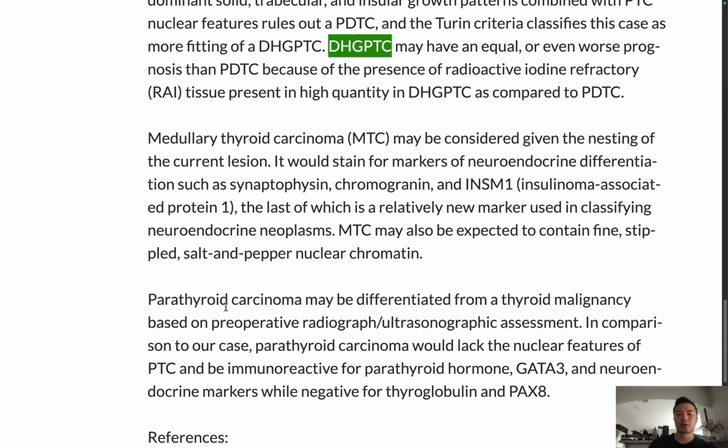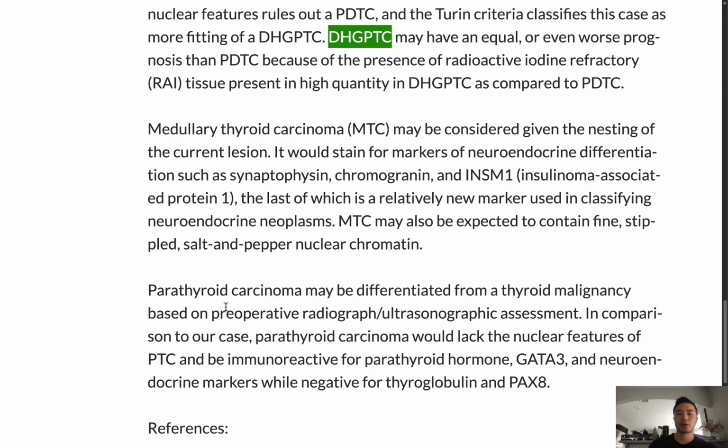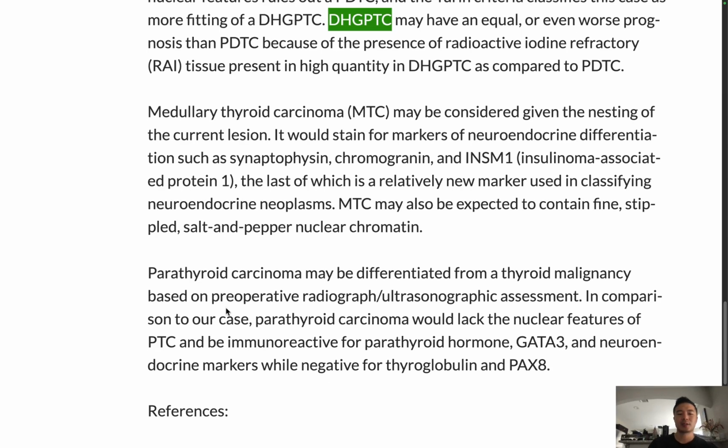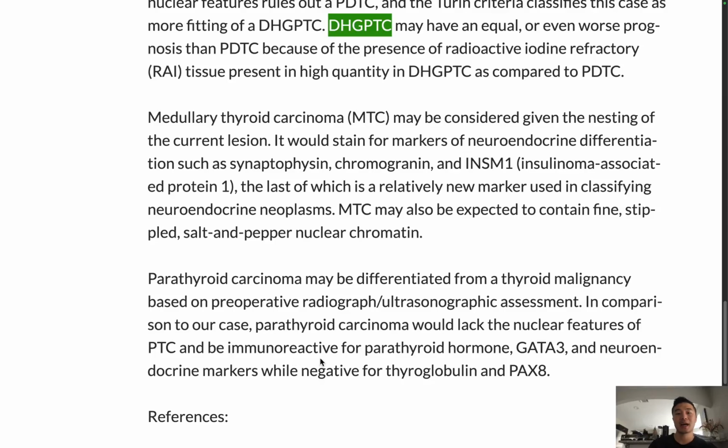Parathyroid carcinoma may be differentiated from thyroid malignancy based on pre-op radiographic ultrasound assessment. In comparison to our case, parathyroid carcinoma would lack the nuclear features of PTC and be immunoreactive for parathyroid hormone, GATA3, and neuroendocrine markers, while negative for thyroglobulin and PAX8.